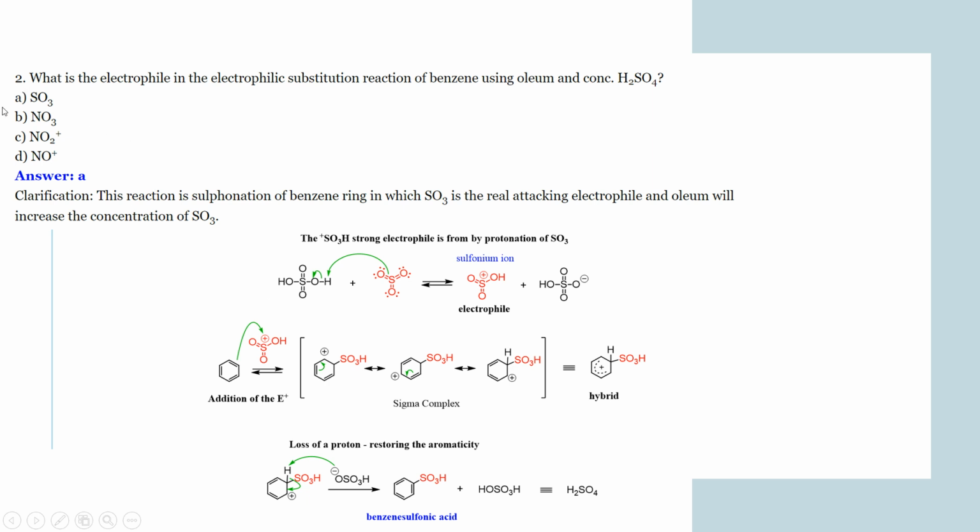You are given these four options in the question and only option A will be the correct answer. This benzene sulfonic acid will be the product generated in the sulfonation reaction. This was a very easy question after the discussion that happened last week.